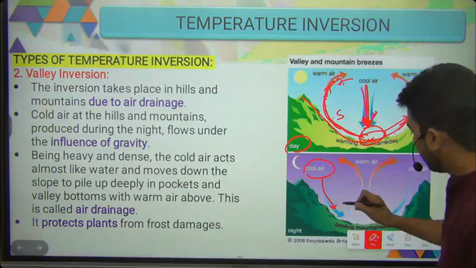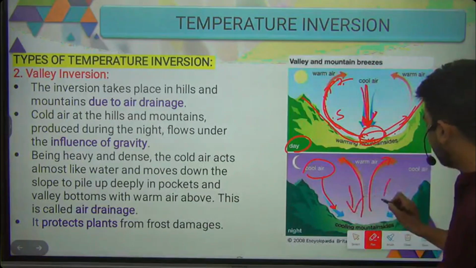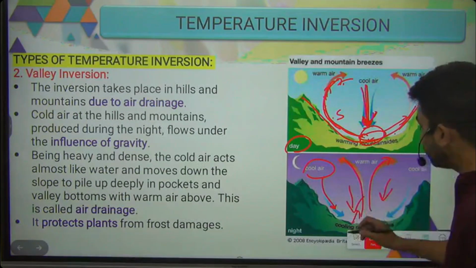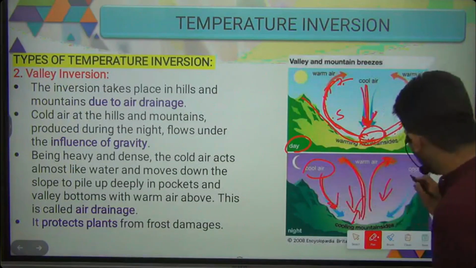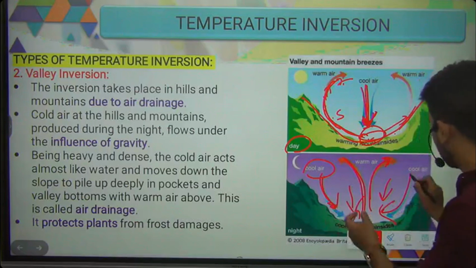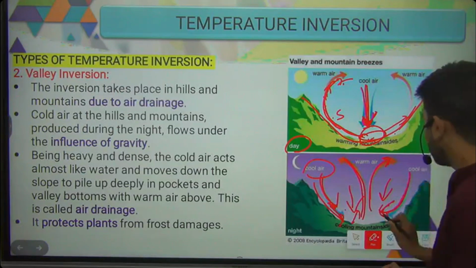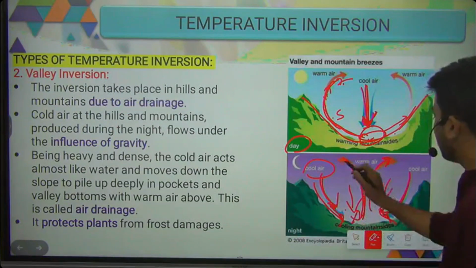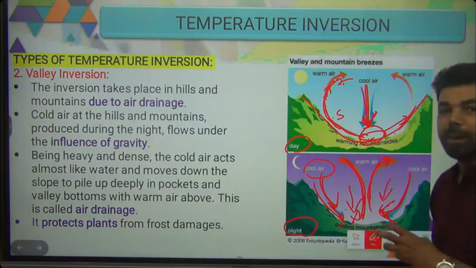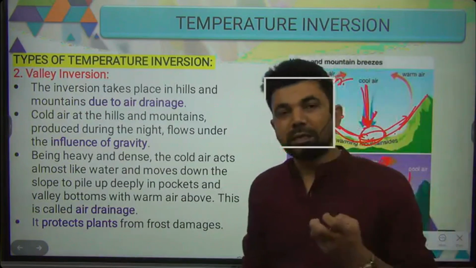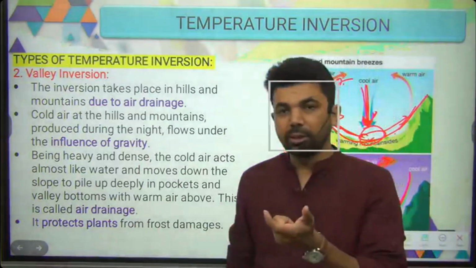Once the rocks and mountains heated by incoming solar radiation have risen up, the cold air from the surrounding places rushes in, and in the process it gets warm, and on reaching there it again rises up. This phenomenon takes place at night. This helps in maintaining the balance of the temperature so that it does not get extremely cold at night and does not get heated up in the morning.